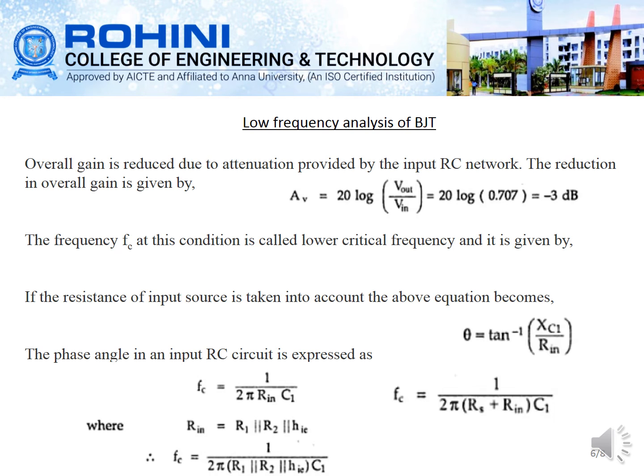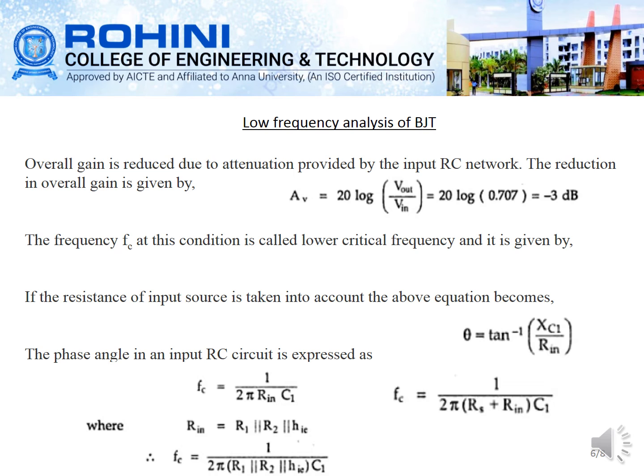The frequency at this condition gives the bandwidth level. In the frequency response, going from lower to higher frequency, we get a constant value, then it decreases again. From the constant value, minus 3 dB is calculated, and from that we find the lower critical frequency as well as the higher critical frequency.